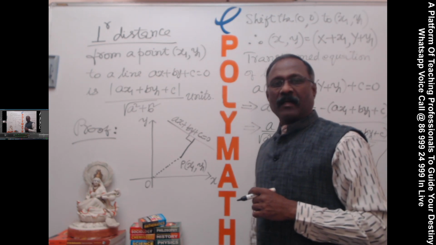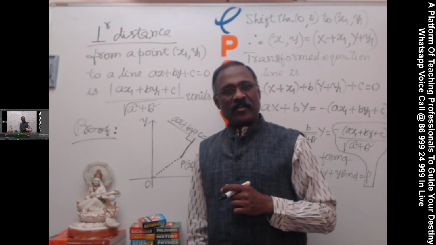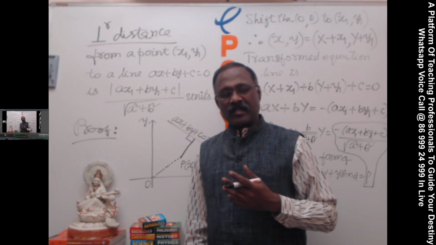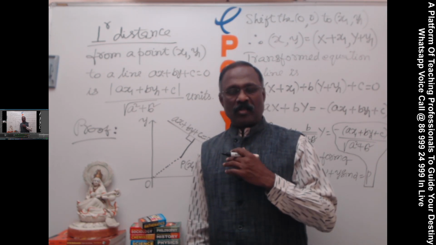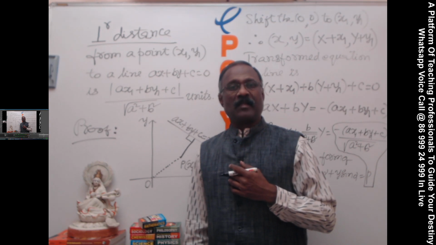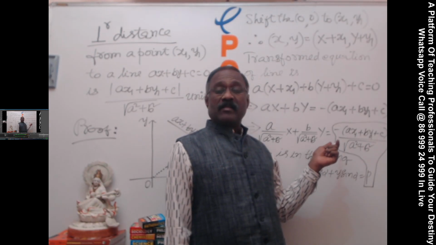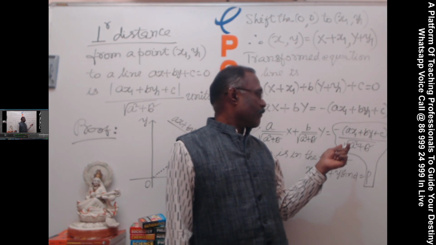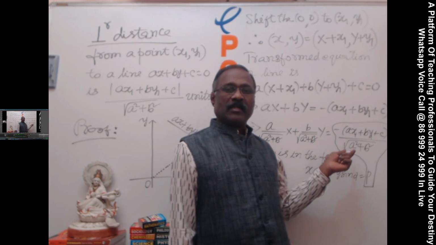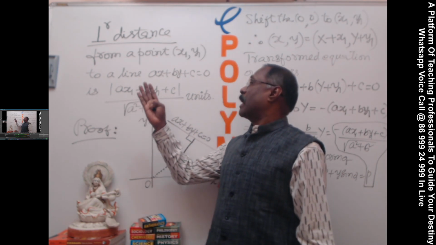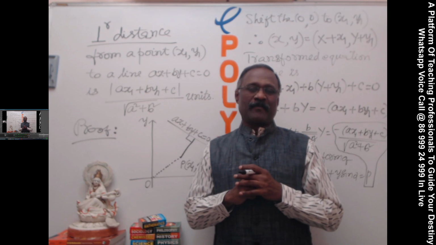We don't take that minus into consideration because it is the distance. The distance should always be positive, and hence we write the modulus to the term which is present in the RHS. That is nothing but the perpendicular distance formula.